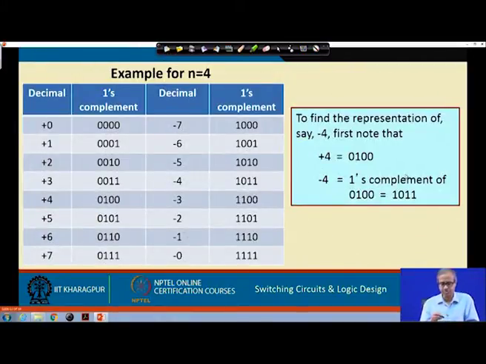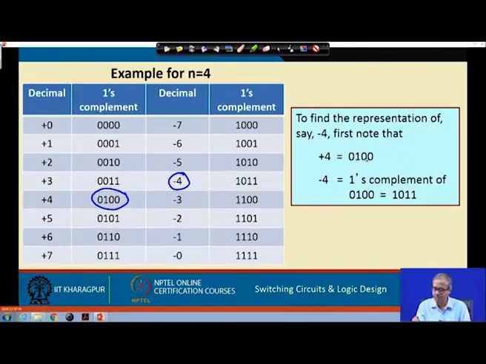So, this table shows you the representations in 1's complement form. For the positive numbers, as I said, they are same as the sign magnitude form 0, 1, 2, 3, 4, 5, 6, 7. But for negative numbers, it is a little different. Well, here I have worked out one. Let us say I want to represent minus 4. So, how do I do it? I first take plus 4. What is plus 4? Plus 4 is 0 1 0 0.